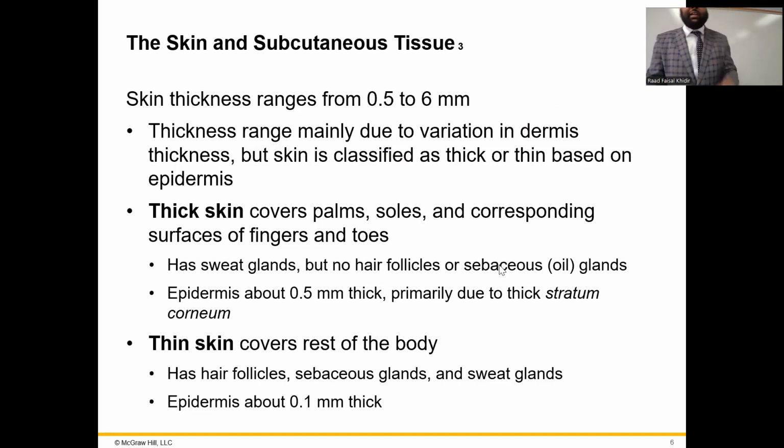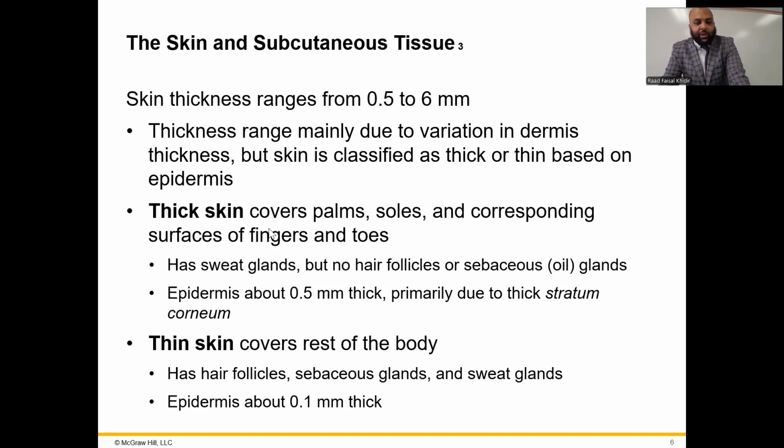So the skin thickness ranges from 0.5 to 6 millimeters. The thickness range is mainly due to variation in the dermis thickness. But the skin is classified as thick or thin based on epidermis. So the thick skin covers the palms, the soles of the feet, and the corresponding surfaces of the fingers and the toes.